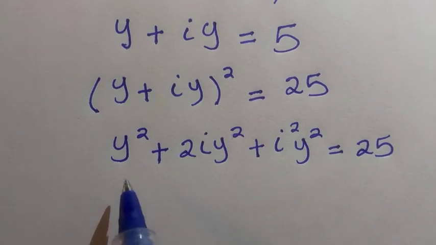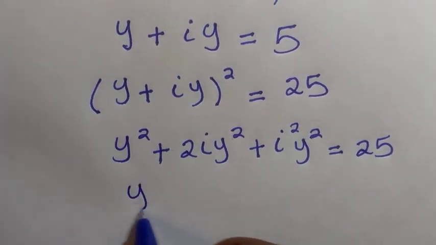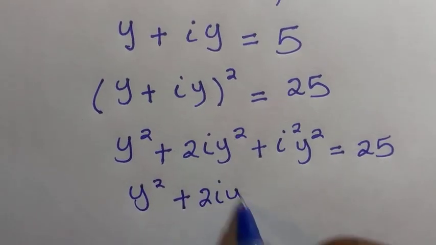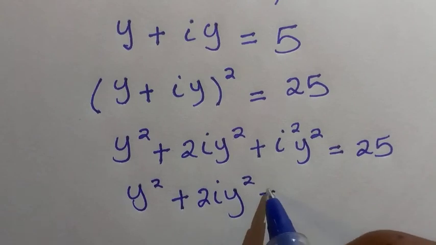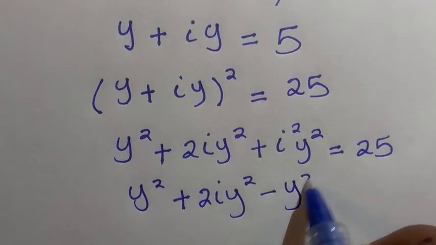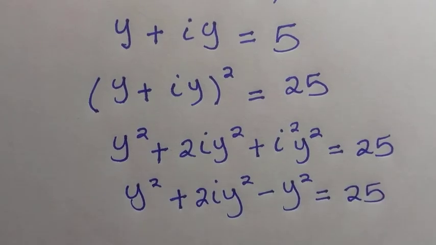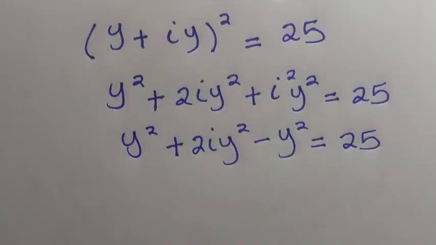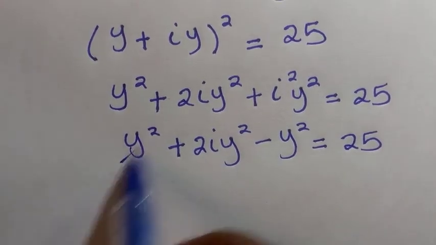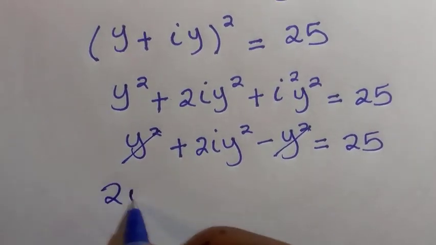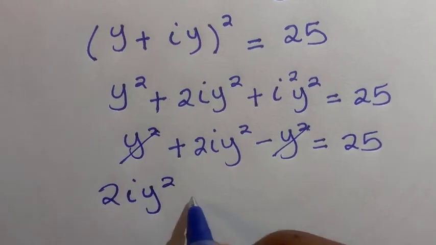The reason is i square here is just like minus 1. So let's try to replace it. Here we have y square plus 2iy square, then we have this as minus y square equals 25, because i square is minus and plus times minus is minus. So y square cancelled y square, and we have 2iy square equals 25.